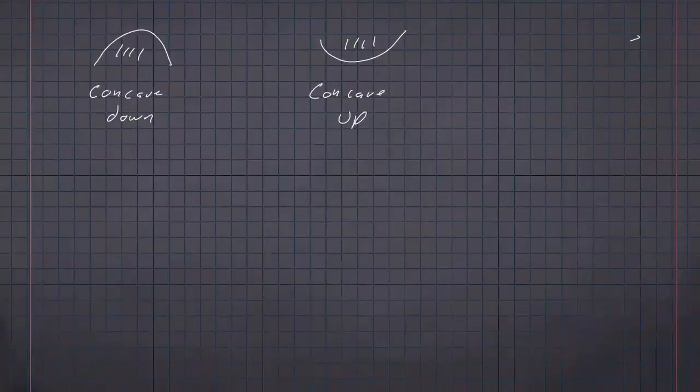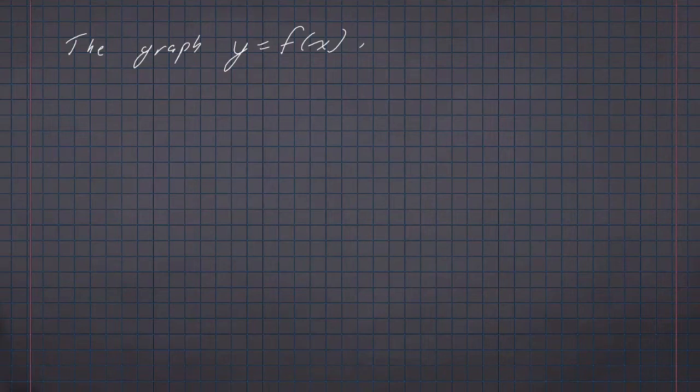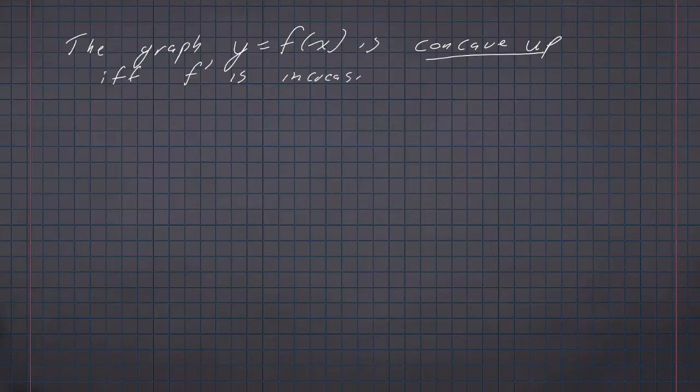In a more formal definition, talking about this idea, the graph y equals f of x is called concave up if and only if f prime is increasing.